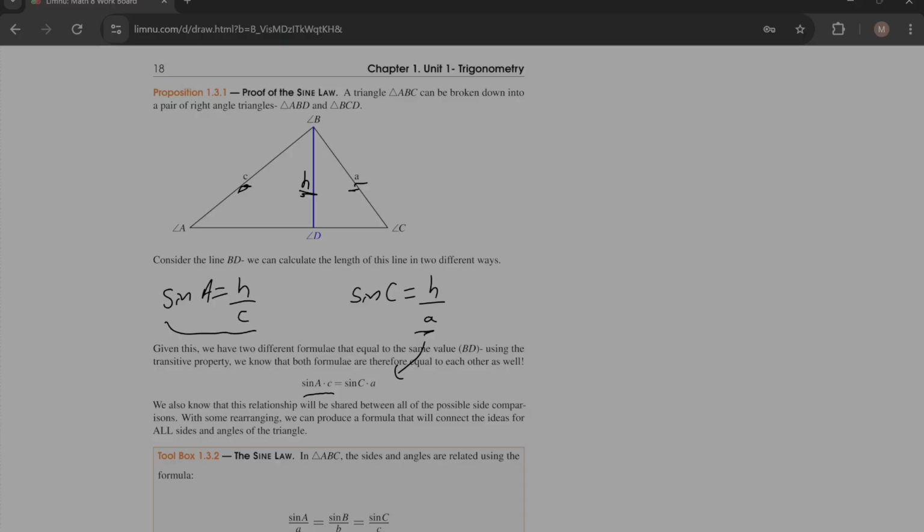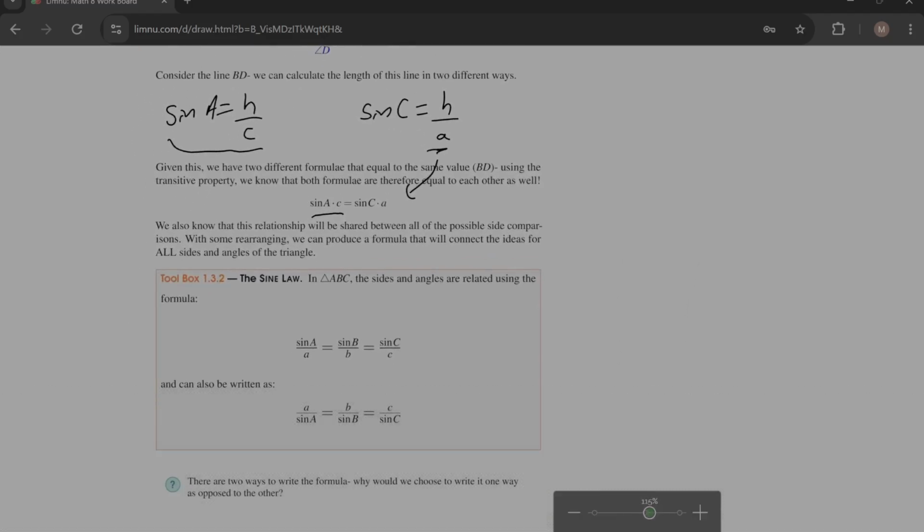And the last thing most people will do is divide our side lengths over to the other side so that we get this match. And that's our sine law. Sine of angle A divided by A will have the same ratio as sine of angle B divided by B, and sine of angle C divided by C. So all these ratios are going to be the same.